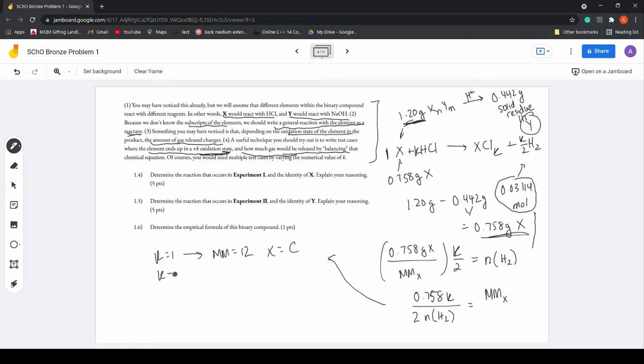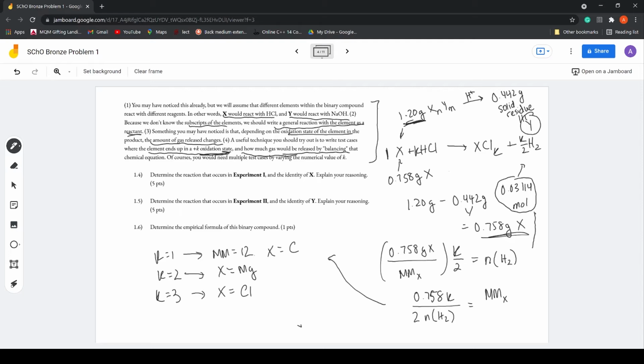If we do K equals 2, I'm just going to write out a bunch of test cases, and then we'll go into what's reasonable. If we do K equals 2, we get X equals something like magnesium. Basically, you just find the molar mass and then look at the periodic table to see what corresponds to that. If we do K equals 3, we get X equals chlorine. So we're just looking through the test cases.